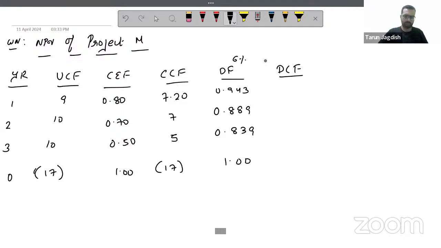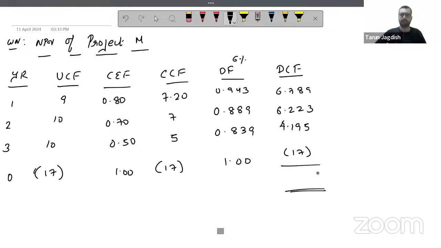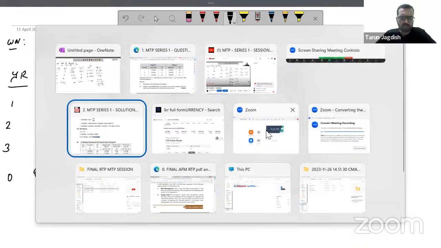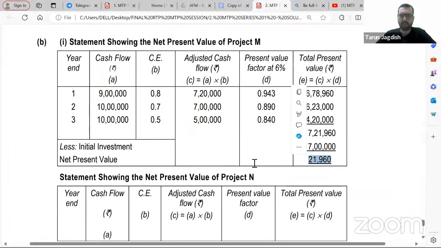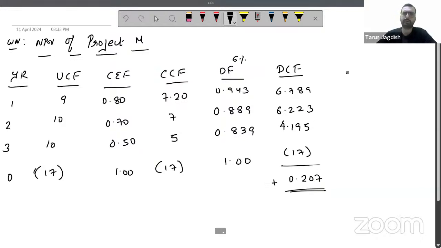So 7.2 into 0.943 will be 6.789. 6.223. 4.195 minus 17. So you'll get the NPV as 0.207 plus. All right. Let's cross check with your suggested answers. 21,960. We got 0.207, 20,700.